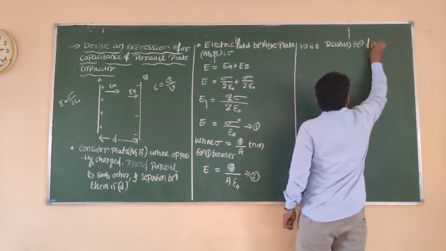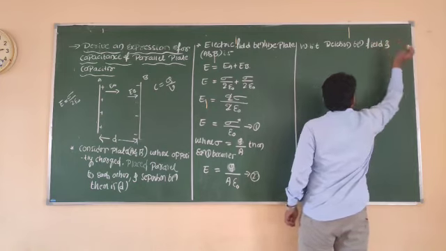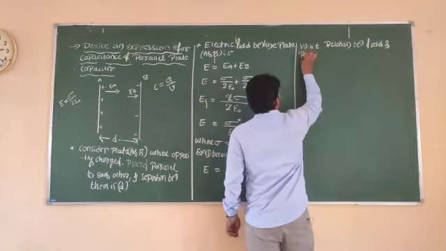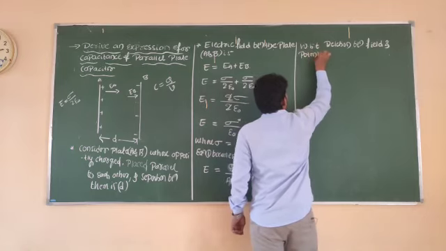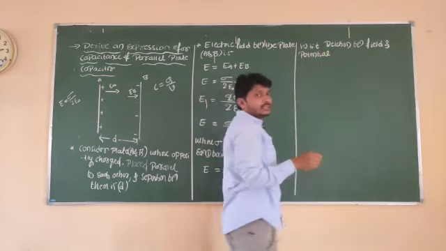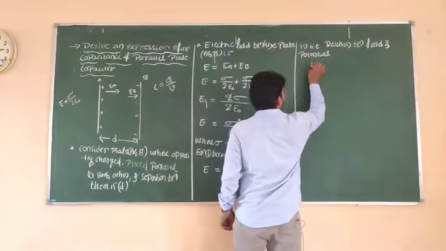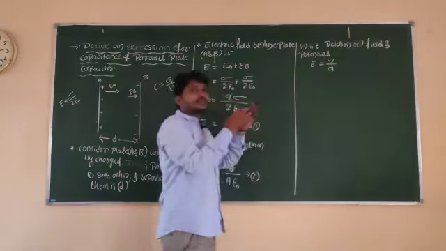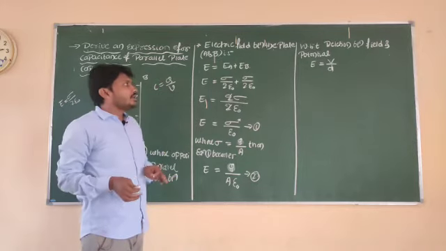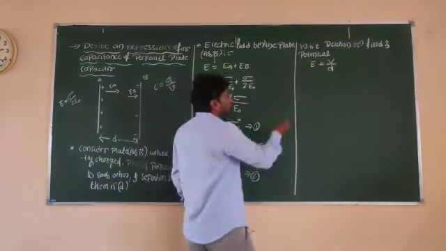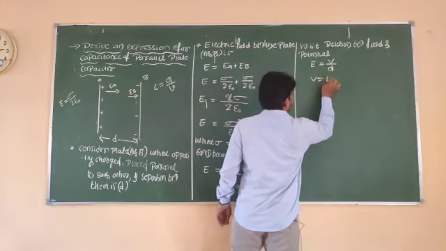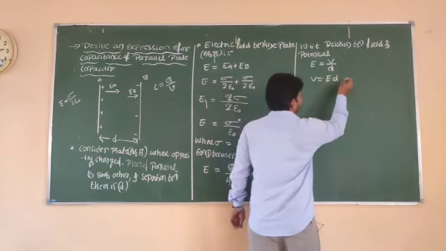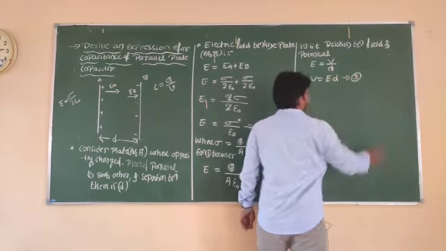Shall I write this equation as E is equal to V by d here in terms of magnitude. So E is equal to V by d. So I will rewrite this equation as V is equal to E into d. I will take this as equation 3 here.